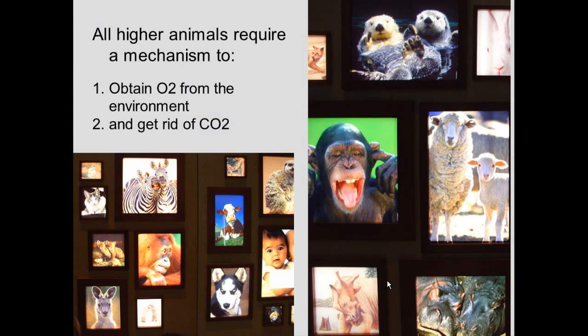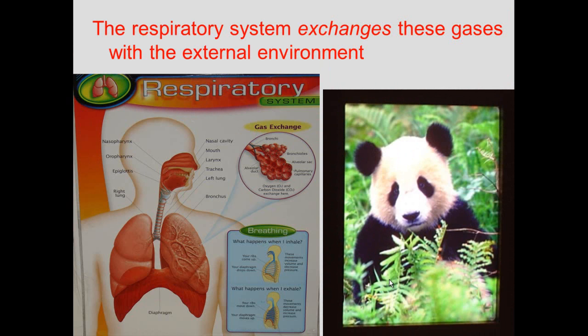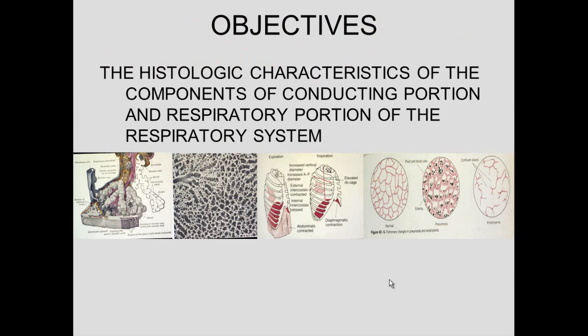All higher animals require a mechanism to obtain oxygen from the environment and get rid of metabolic byproducts, carbon dioxide. The respiratory system exchanges these gases with the external environment. You have a conduit that goes to the external environment and goes down into the lungs for the exchange to occur.